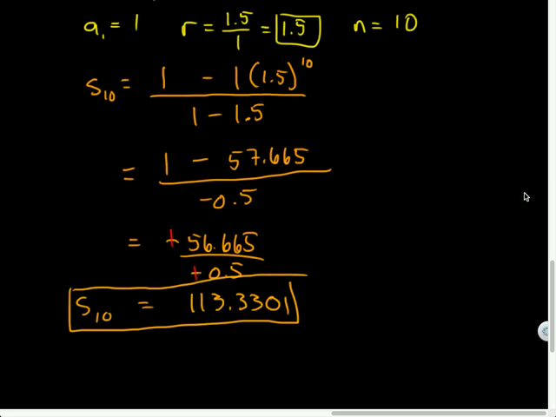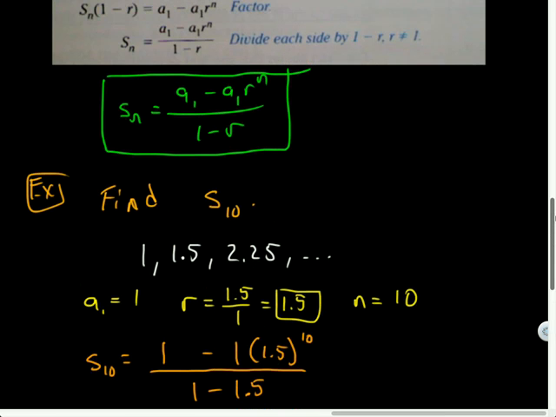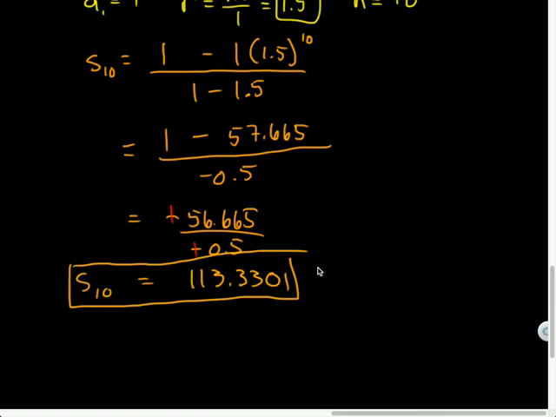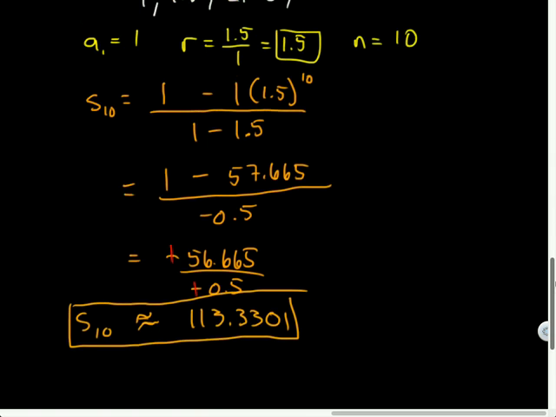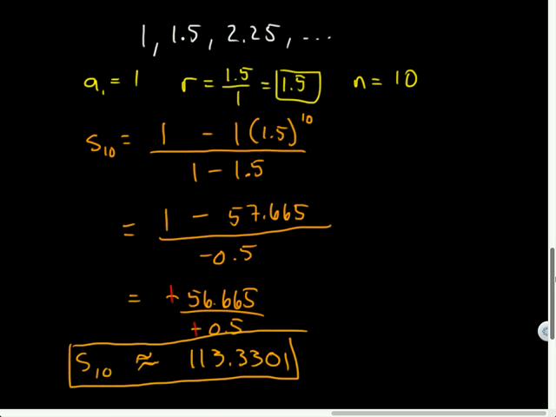Technically, I started with decimals here, so a decimal answer is fine, and this is an approximation in this case. It would only be fine if the original problem had decimals in it.